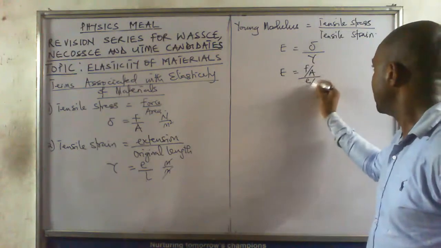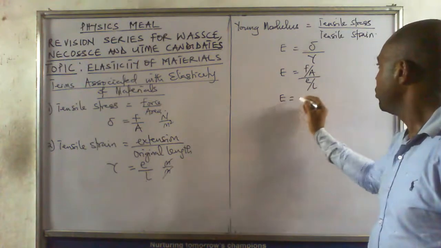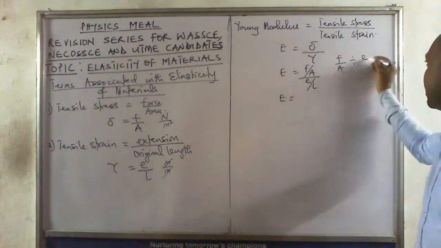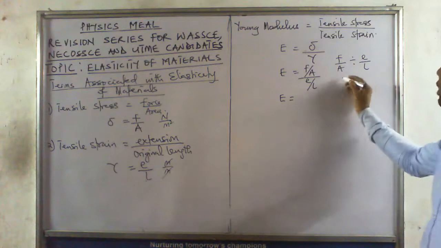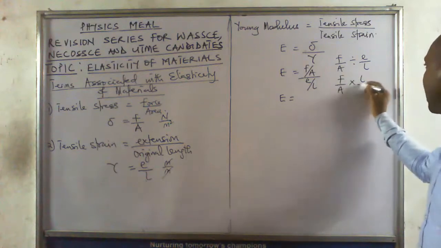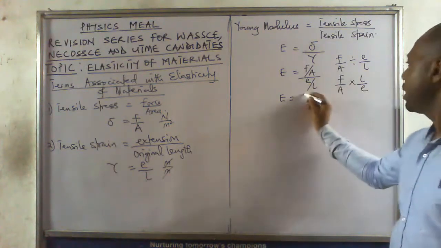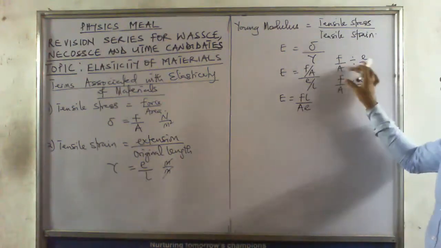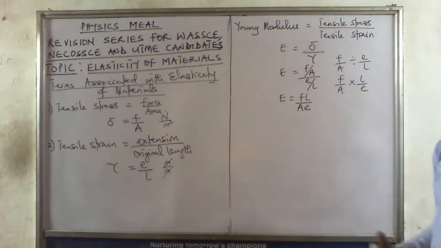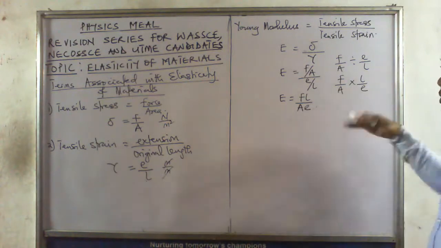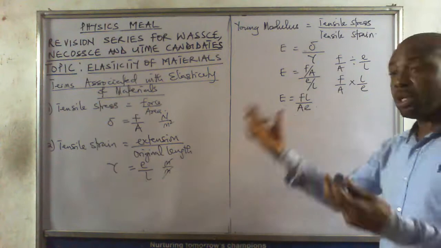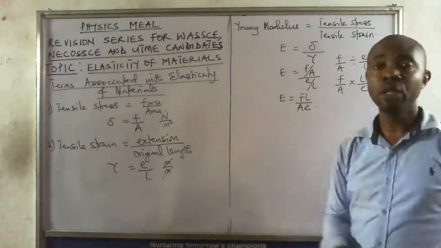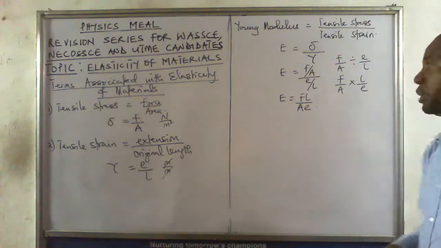And what is strain? Extension per length. So Young modulus, by the time you do the mathematics, is F over A divided by e over L. That would be F over A times L over e. When you multiply this, you have FL all upon Ae. Remember, when you change division to multiplication, you invert the fraction after that sign. Since we don't have a unit for strain, it means that Young modulus will take up the unit of tensile stress.